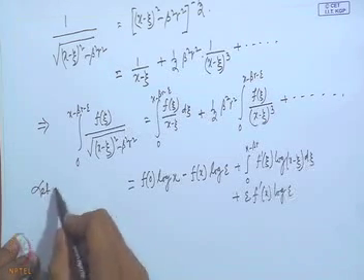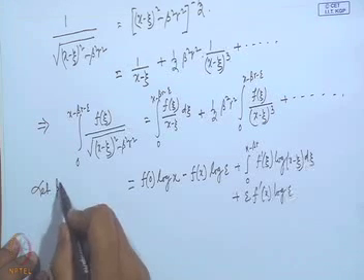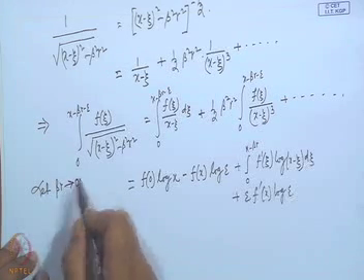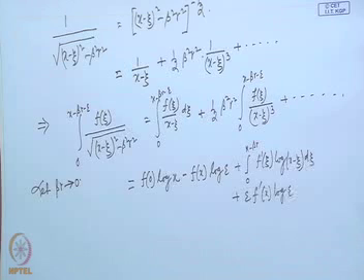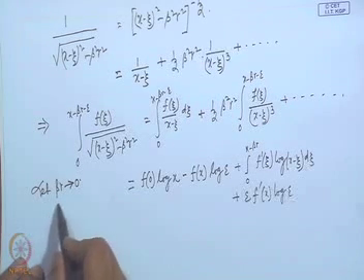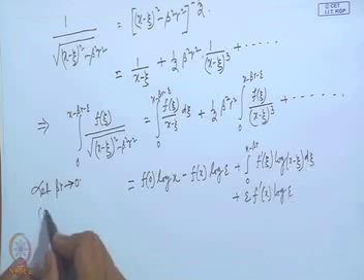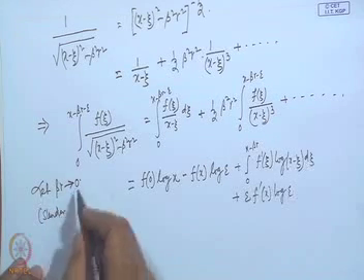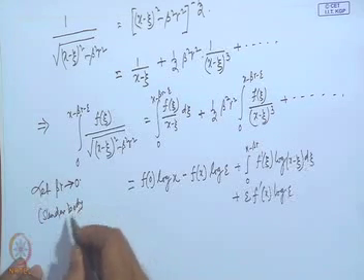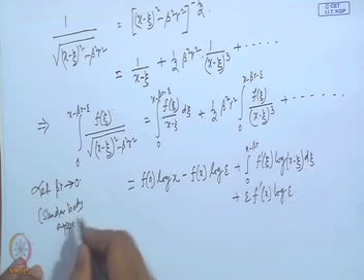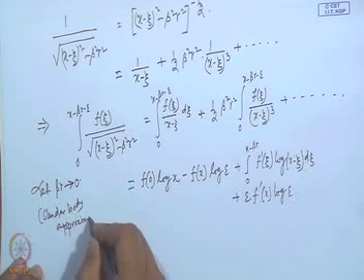This is for the case when beta r approaches 0, that is for slender bodies. So, this is where we introduce the slender body approximation.